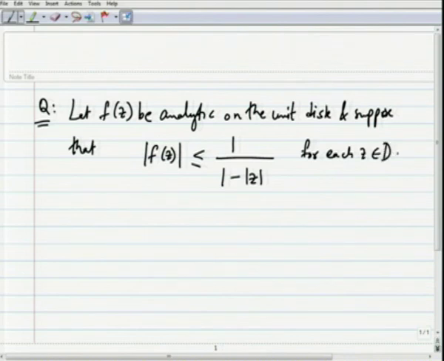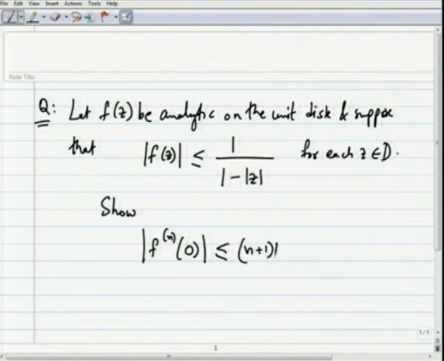Okay. So, under these circumstances, try to show that the modulus of the nth derivative of f at the point 0 is at most (n plus 1) factorial times e.